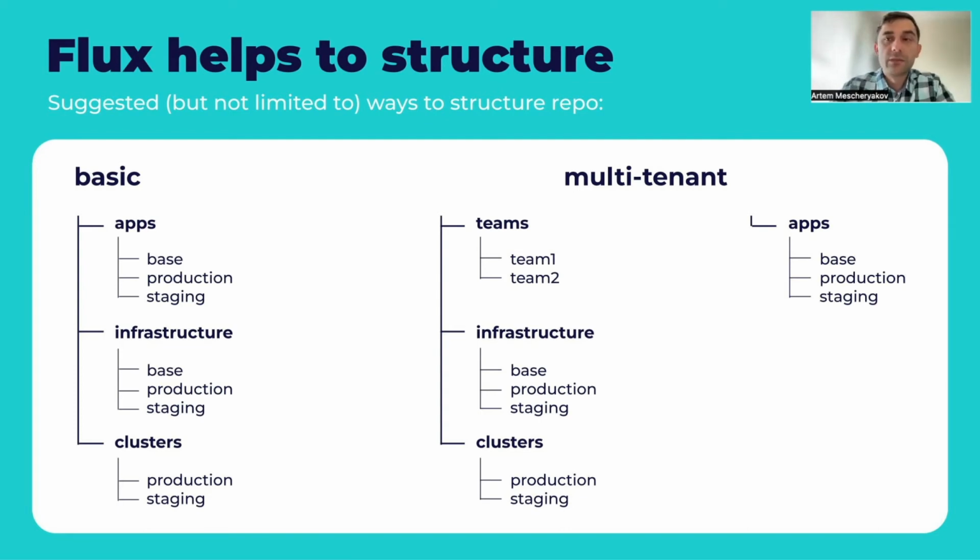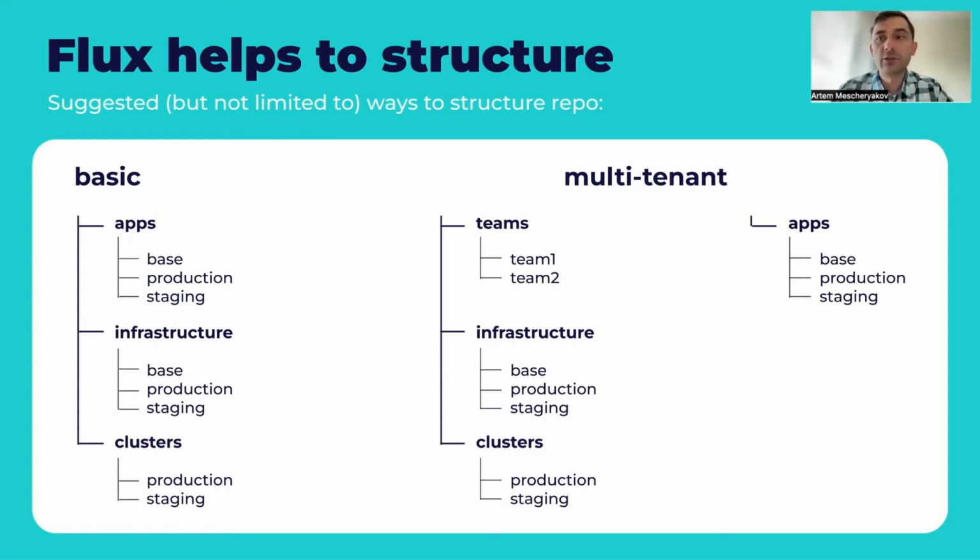Applications can be split into environments. Infrastructure can be split into environments, as well as each particular cluster can have its own tree of resources. Also, there can be a multi-tenant approach where you also add teams, and teams on their side contain some structure of applications.